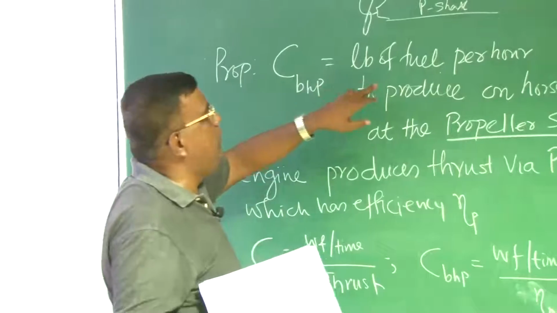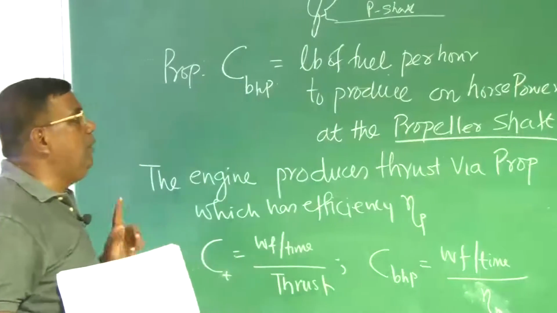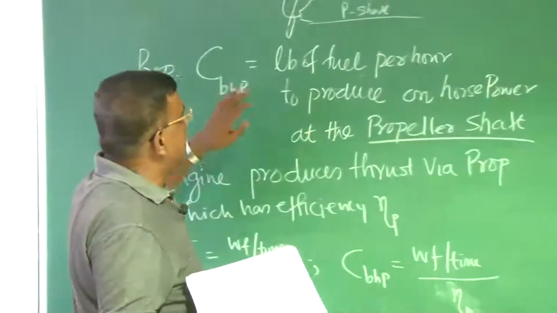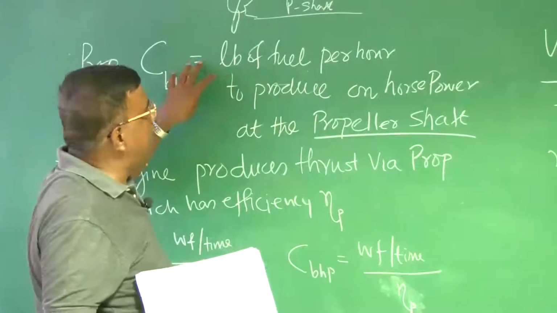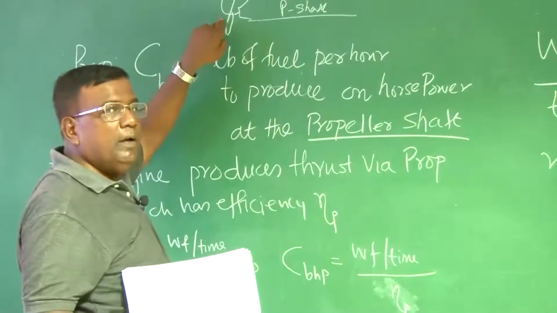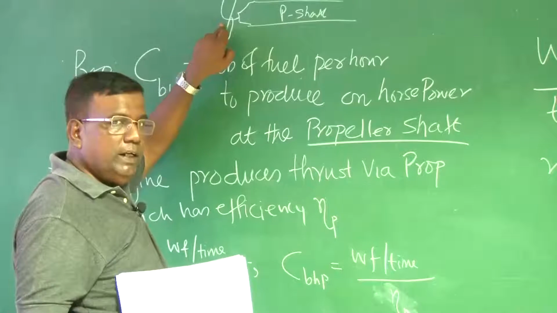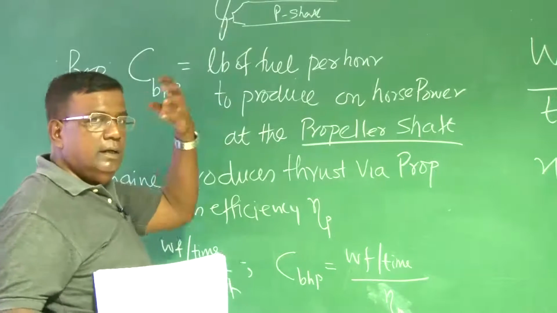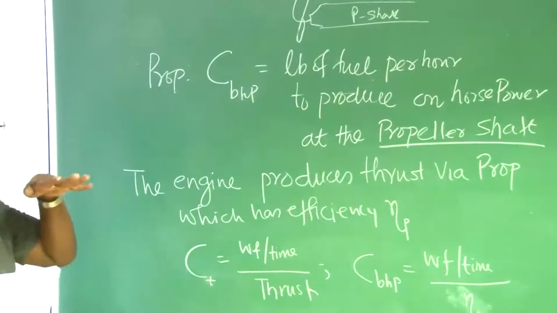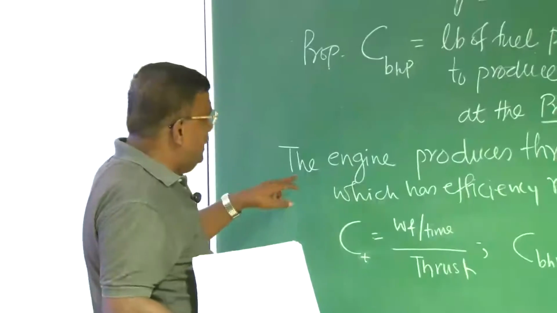CBHP is pounds of fuel per hour to produce 1 horsepower at the propeller shaft, and we know that this is linked with the power available at the propeller shaft. Depending upon what type of propeller efficiency you are installing here, you will get the power available, which will be used for giving thrust to the airplane. So that is what is written here.